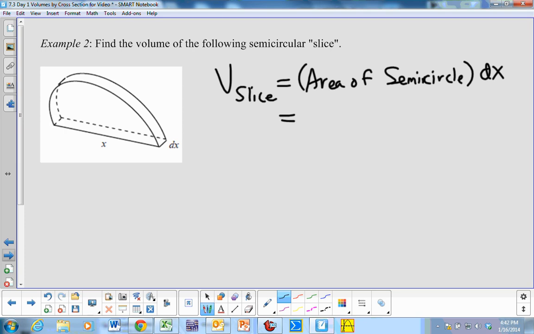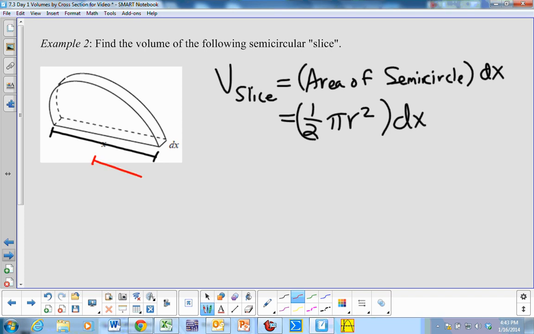Well, the area of a circle is pi r squared. It's a semicircle, so we need half of that. So it's half pi r squared dx. Well, but we need to talk about what r is. We don't want to answer this with an r in it. We need to have r in terms of x. Well, if we look at our picture, it's x all the way across there. So that means r would be from the center out.